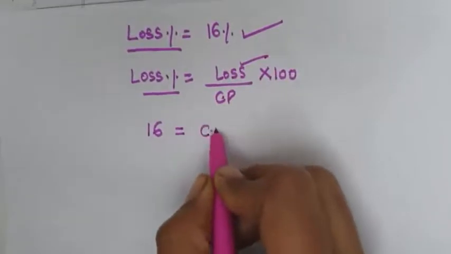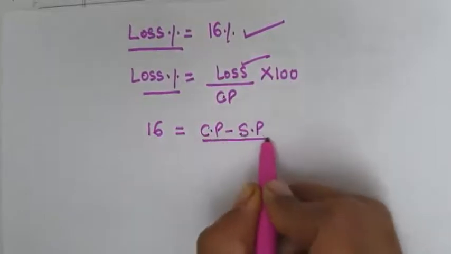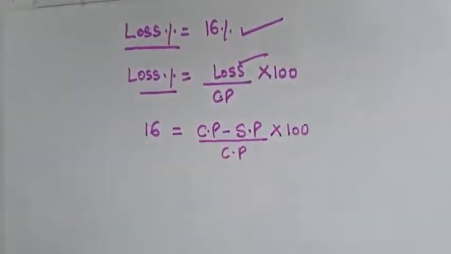That is cost price minus selling price upon cost price multiply 100.